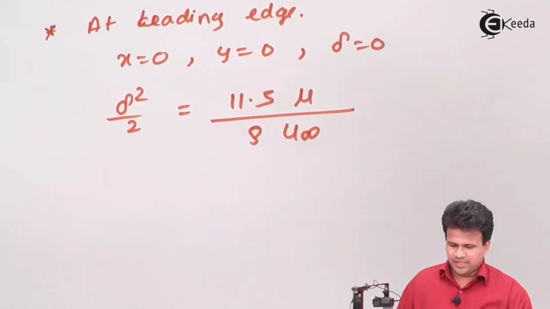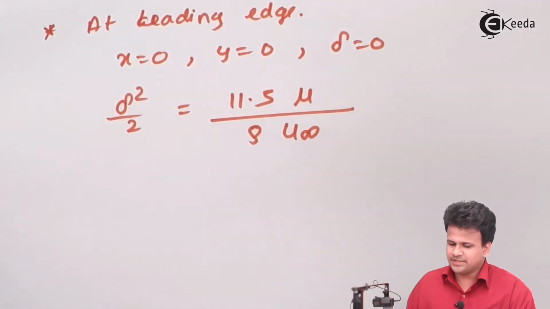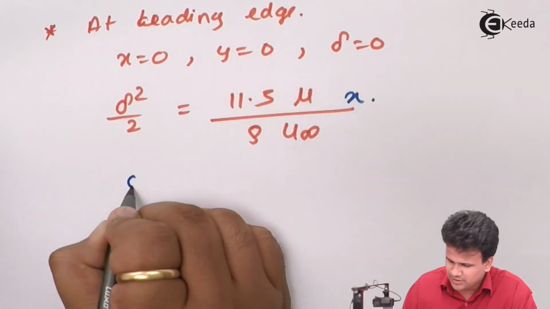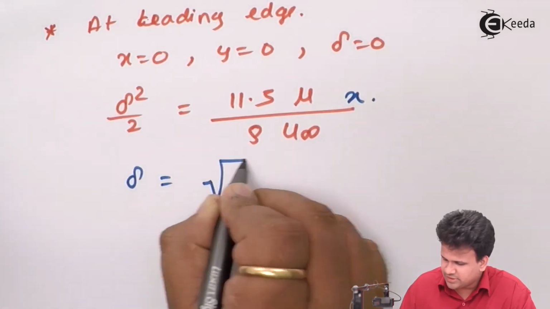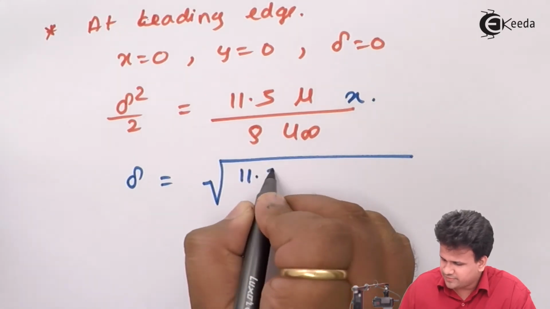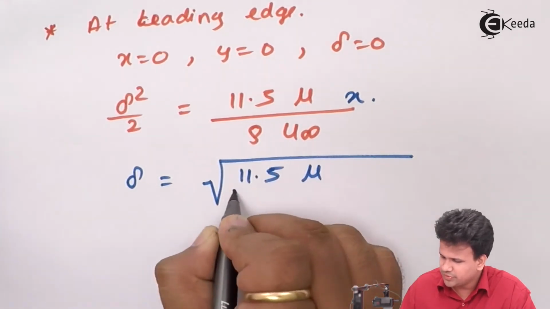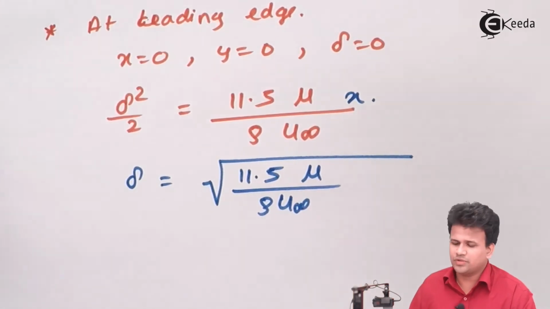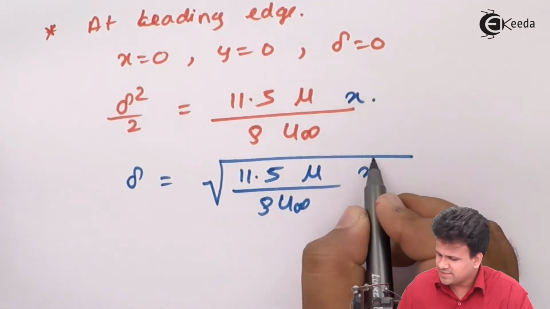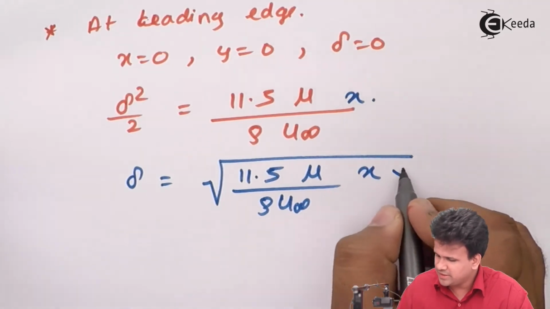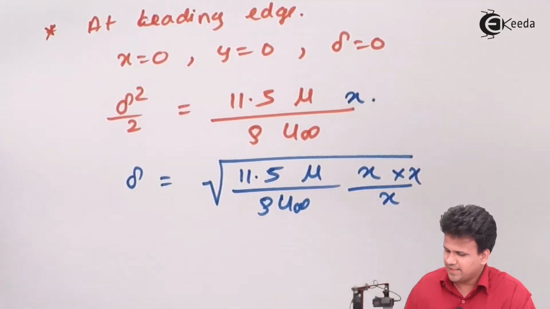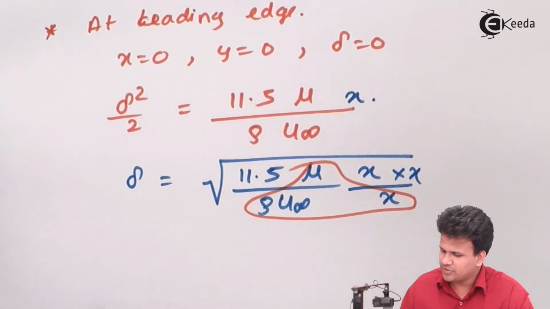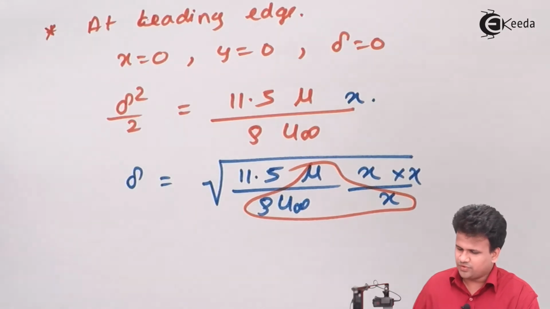Now we have to take this to the other side and take the square root, and this will be multiplied by x. So delta is equal to square root of 11.5 into mu upon rho into u infinity. Just to convert this into Reynolds number, we'll multiply and divide by x. So this entire expression becomes the Reynolds number, and this will be the value of x square.